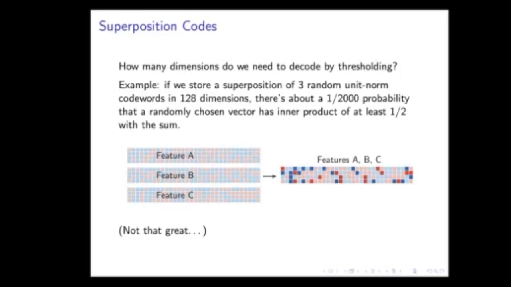The nice thing about random vectors in high dimensions is that they tend to have pretty small inner products. In this case, if I choose any other random vector in 128 dimensions, feature D, let's say, assuming it has unit norm, and I take an inner product with this sum, there's a pretty high probability that it'll have less than 1/2 inner product.